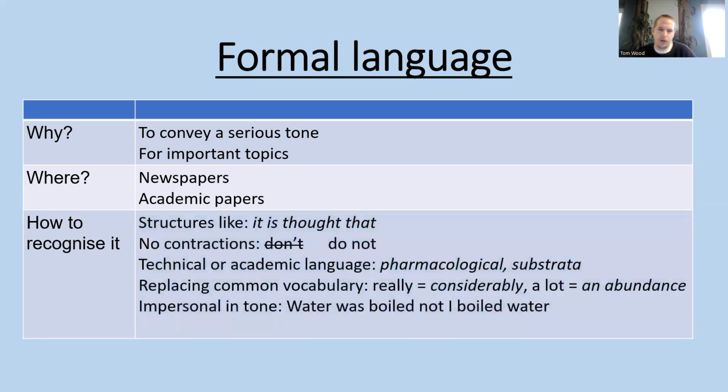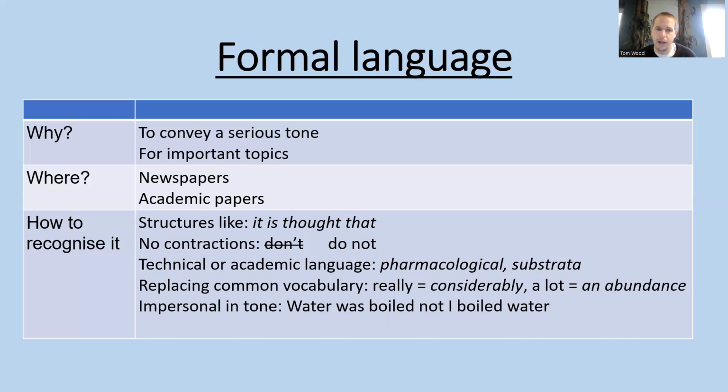So how to recognize it? Structures like "it is thought that," slightly longer, more complex sentences. One really good way of spotting these is that they do not use contractions. So we have here the contraction "don't," which is a shortened combination of the two words "do not."